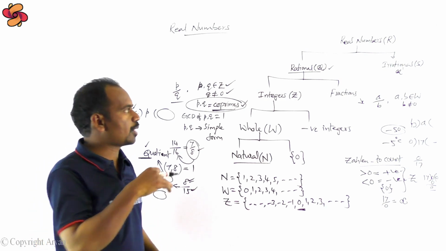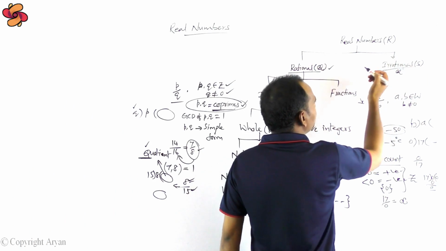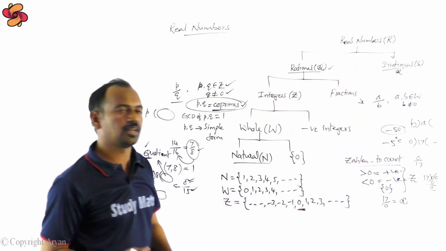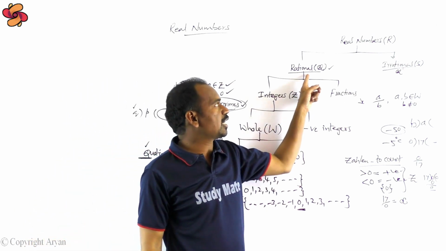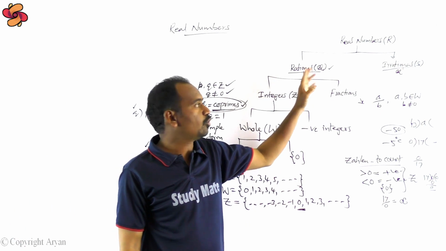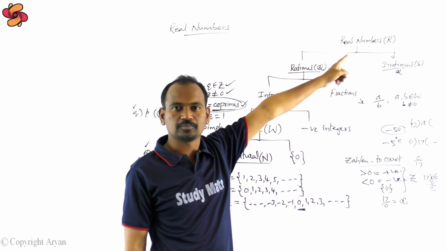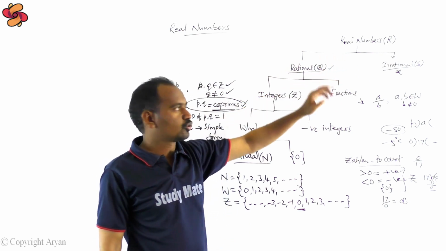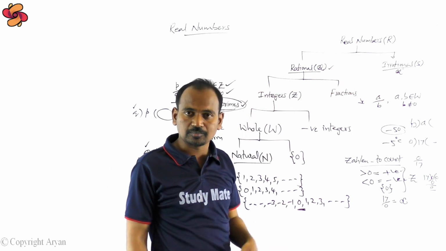Right? So coming to the next one, we still need to discuss irrational numbers and real numbers. Up to rational numbers we have completed. Now we have to discuss irrational numbers and real numbers. These two number systems we already discussed in 9th class.